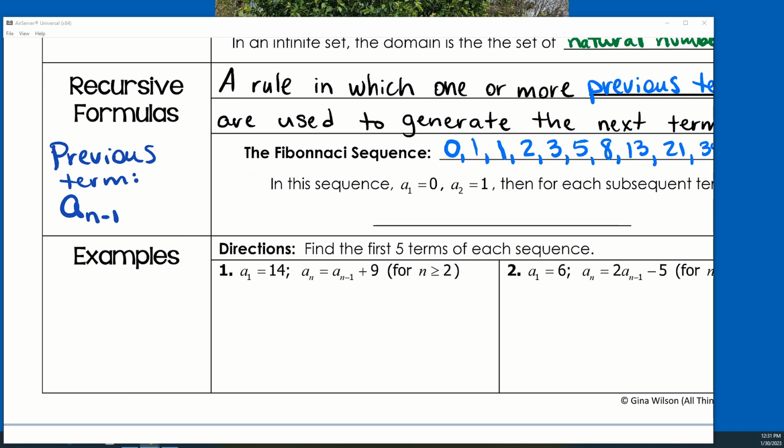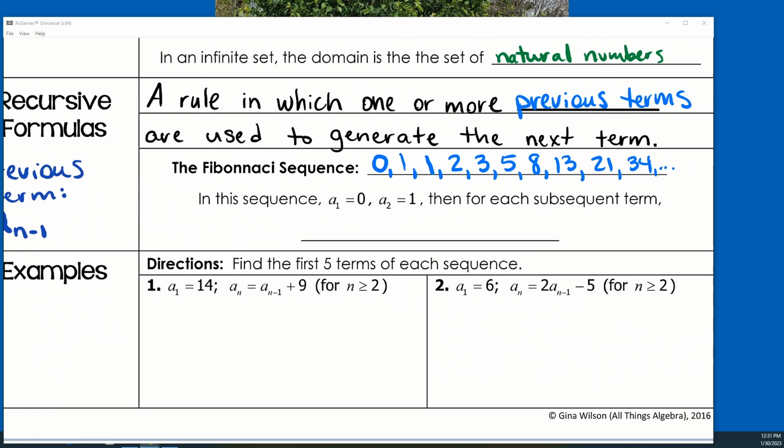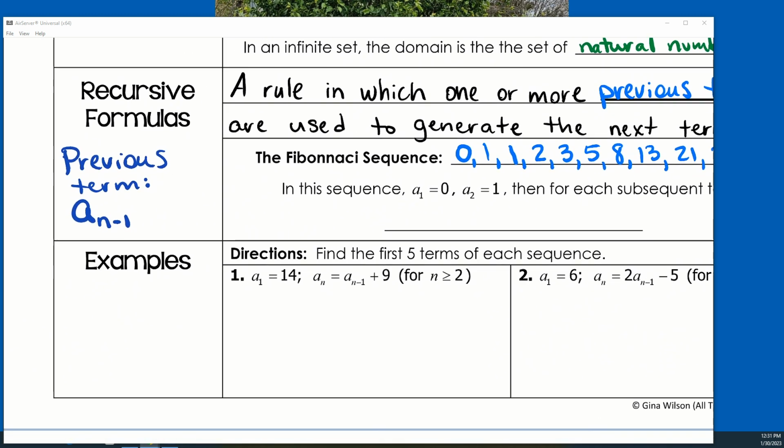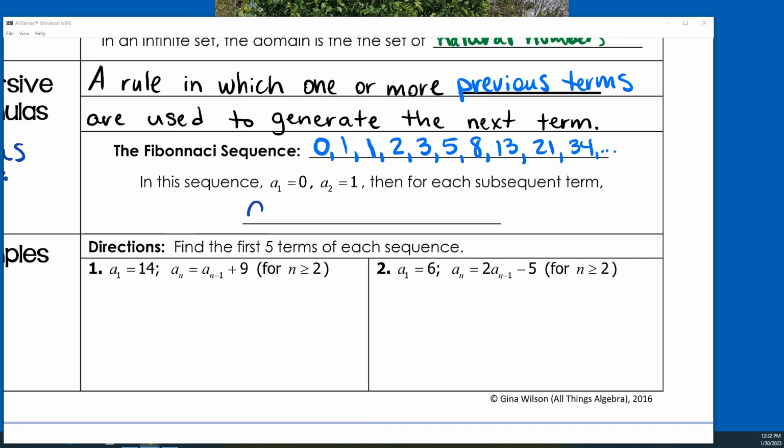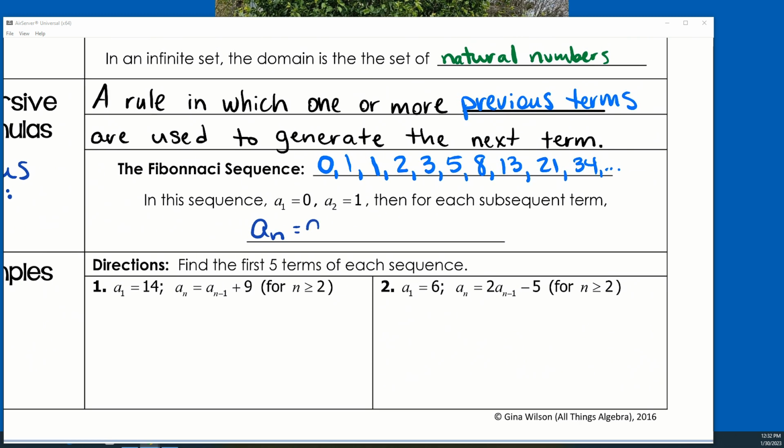So I'm going to show you how to write the rule for the Fibonacci sequence. It's up there. It's kind of hard to see. He uses F instead of A, but it's at the top. But anyway, on this one, you have to tell the first and second terms. And then to get the next term, which is A sub n, you're going to take a previous term, which is A sub n minus 1, and add the term previous to that.